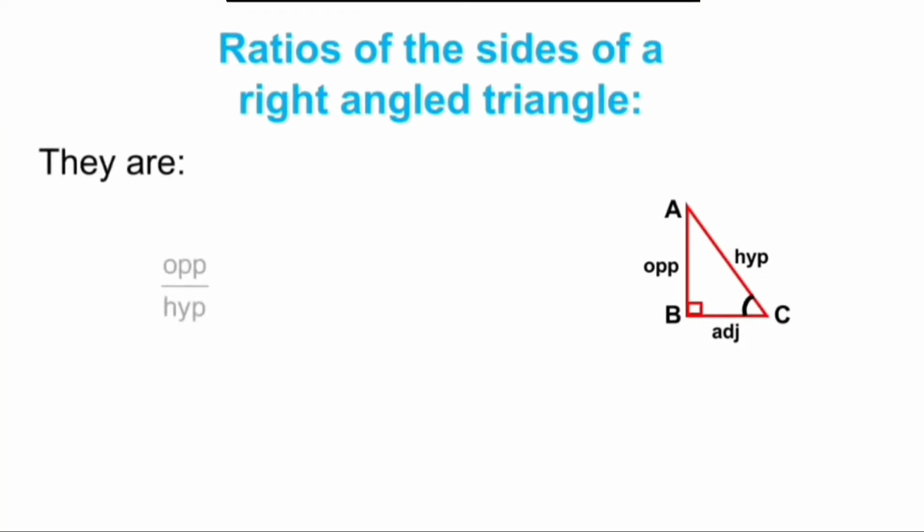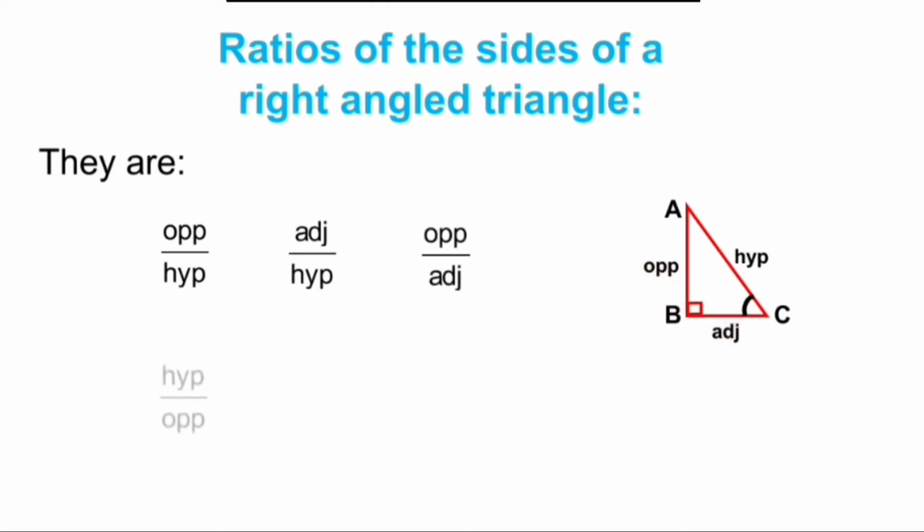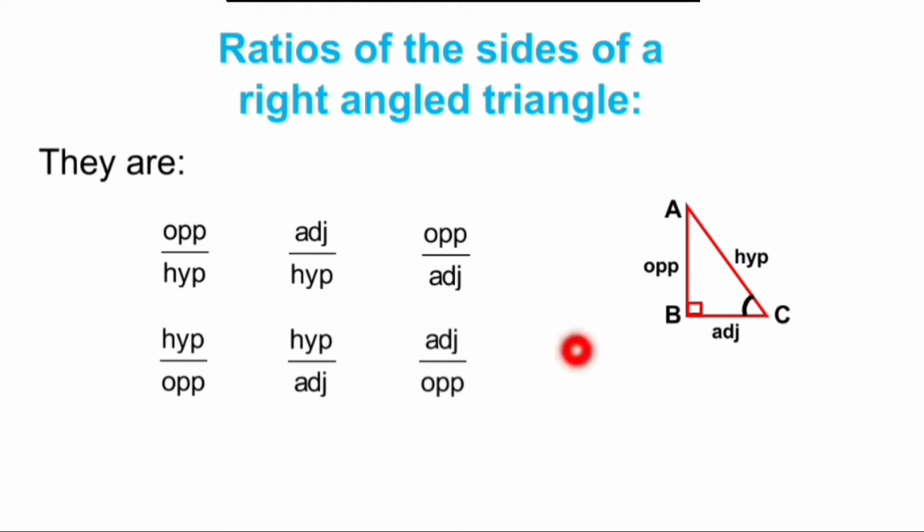They are opposite by hypotenuse, adjacent by hypotenuse, opposite by adjacent, hypotenuse by opposite, next hypotenuse by adjacent, next adjacent by opposite. These are the 6 different ways where we can divide any two sides of a right angle triangle.